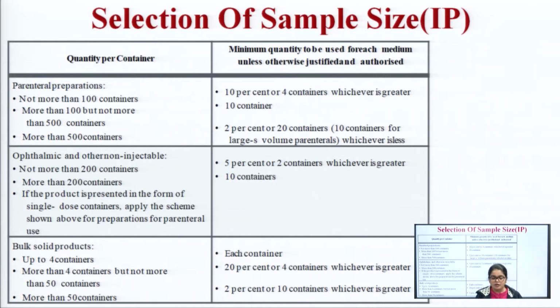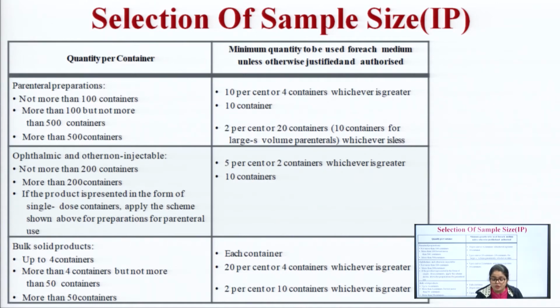Coming to the next slide, first is the selection of sample size. As per the IP, the table gives the quantity per container, and the minimum quantity to be used for each medium unless otherwise justified and authorized. The kind of sample we need to take will be defined by the type of preparation being used for the sterility test.